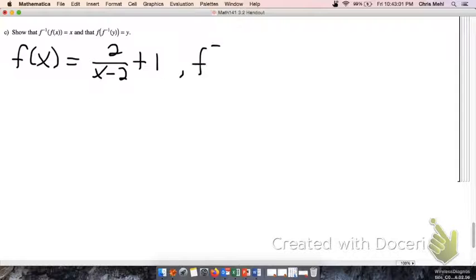And the inverse as a function of y was 2 over y minus 1 plus 2.